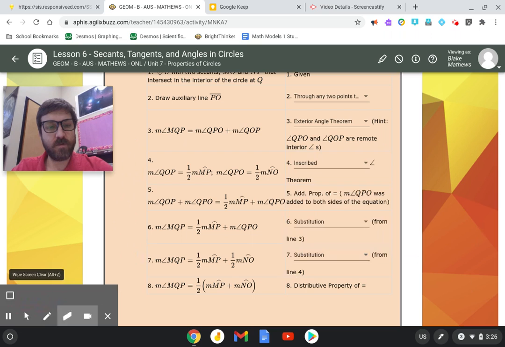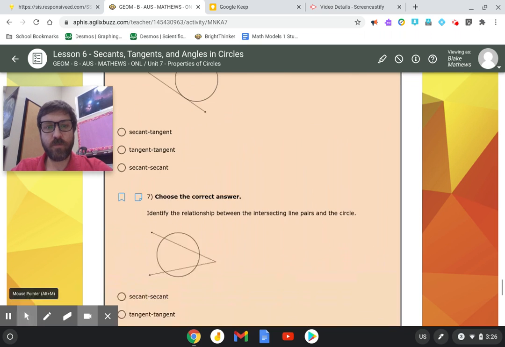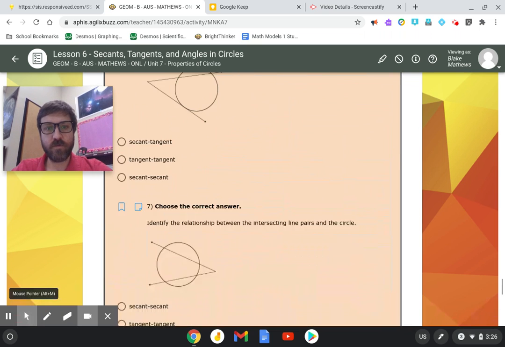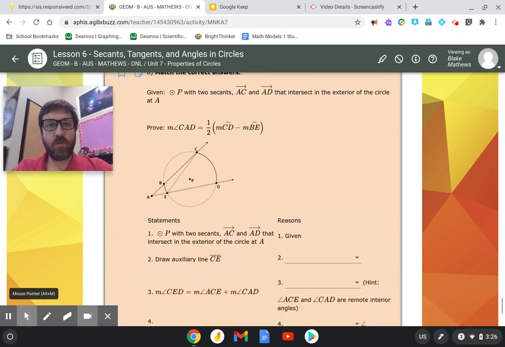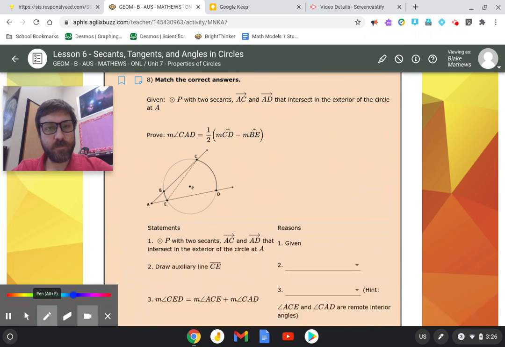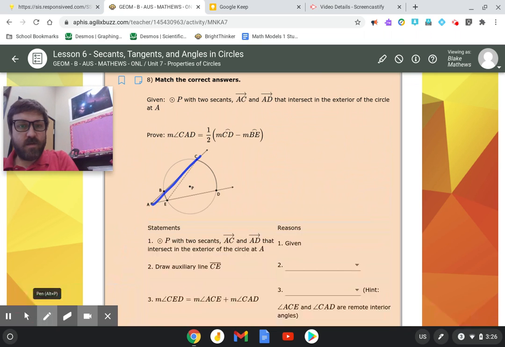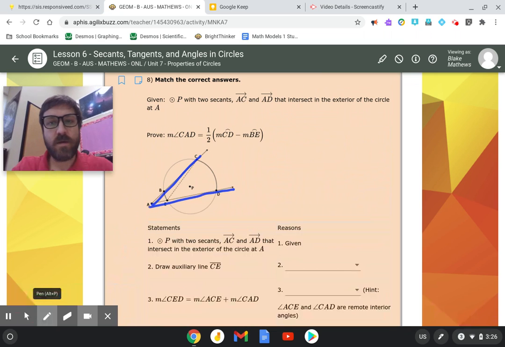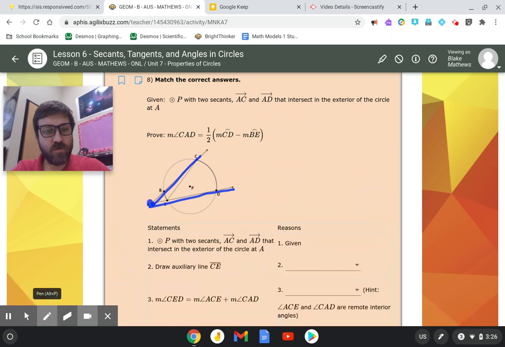Let's jump down to our other proof. Just one, thankfully. More of the same. We have circle P. It has 2 secants, secant AC and secant AD, and they intersect outside the circle out here. And they drew an auxiliary line.